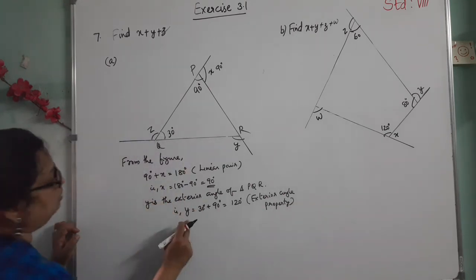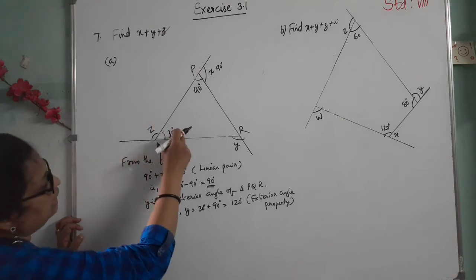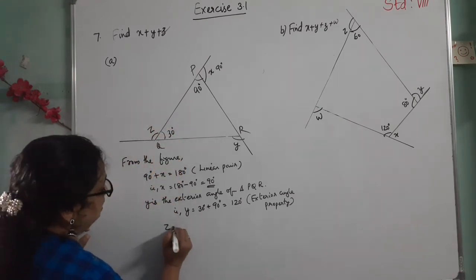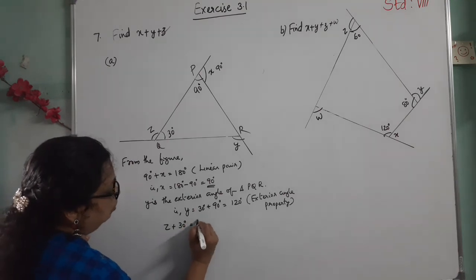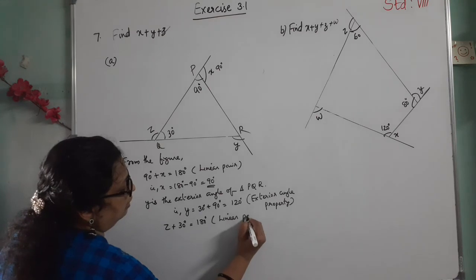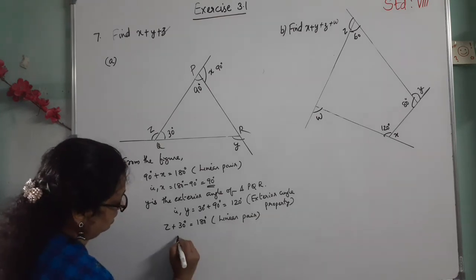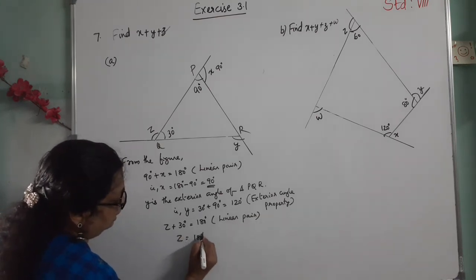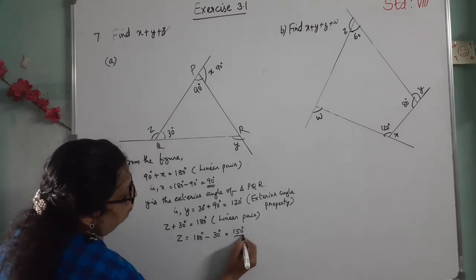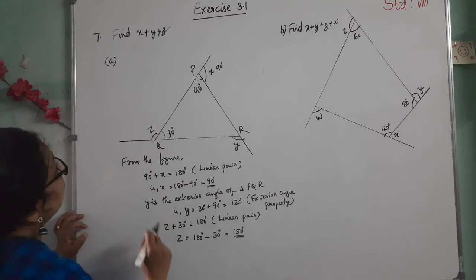So x we get, y we get, then z and this 30 form a linear pair. So z plus 30 degrees equals 180 degrees, that is a linear pair. That is z equals 180 degrees minus 30 degrees, which is equal to 150 degrees. So we get x, y and z.